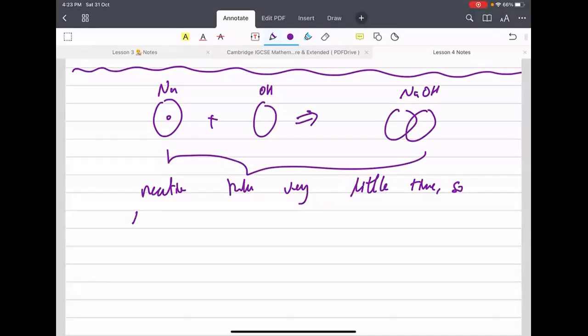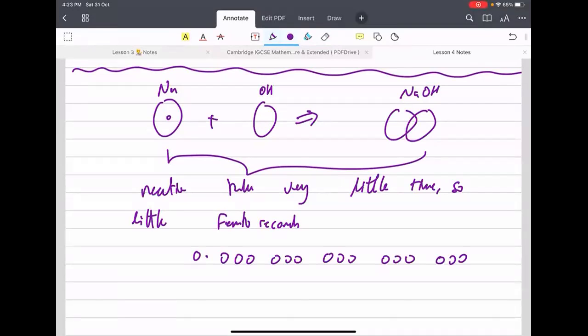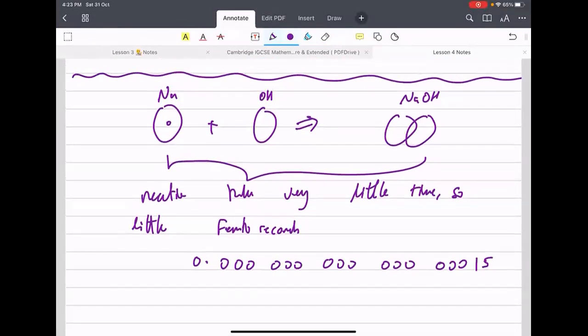So little that we measure it in femtoseconds, something like 0.10 seconds. The atoms react with themselves very, very quickly, in time frames like femtoseconds.